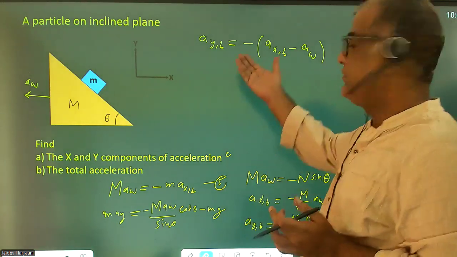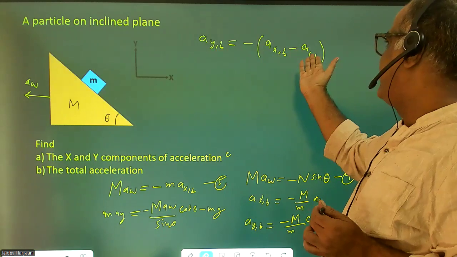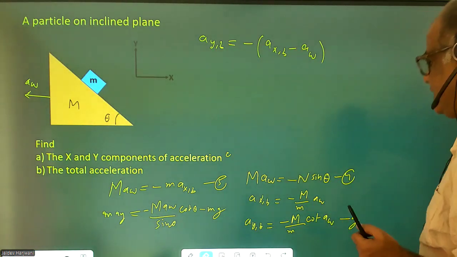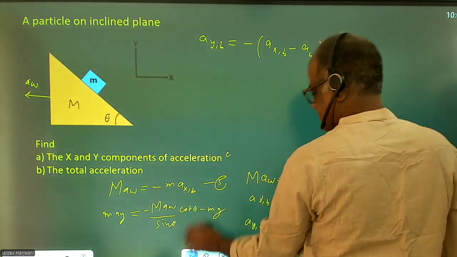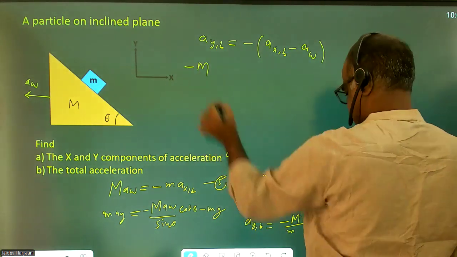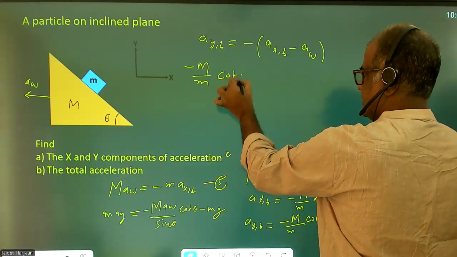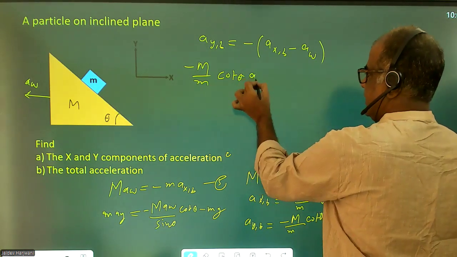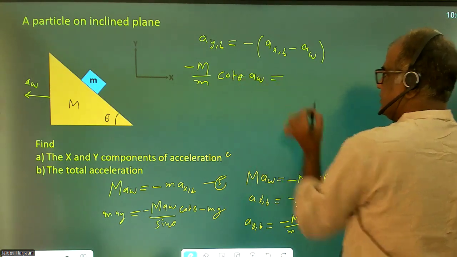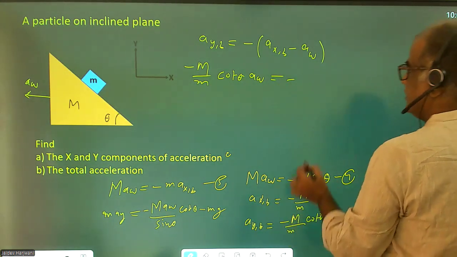Now we have the constraint equation, we can put the values of ay and ax and find the value of a wedge. So ay is minus m upon M cot theta a of wedge, minus ax.